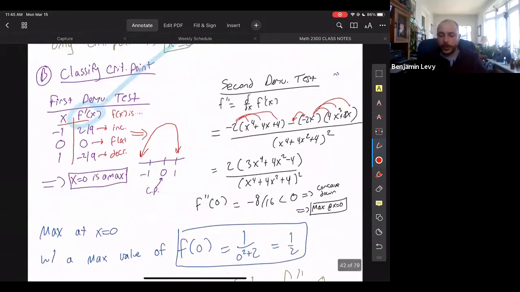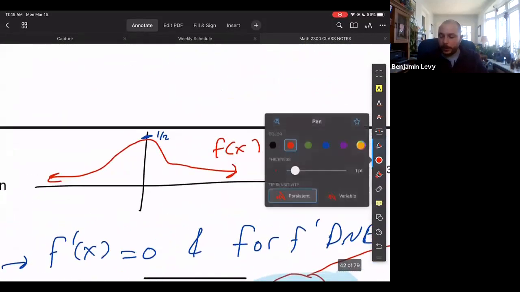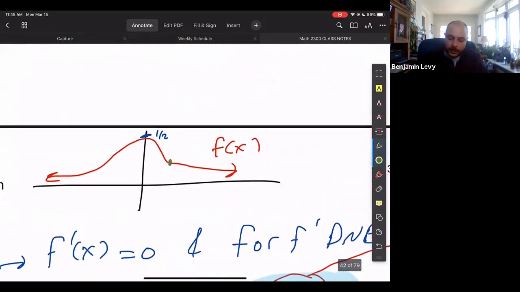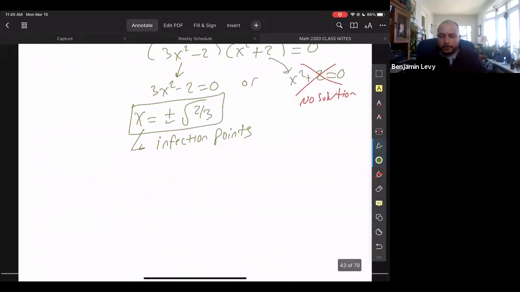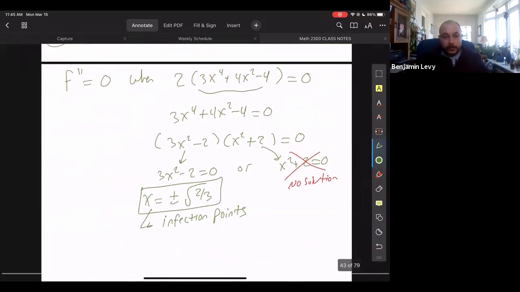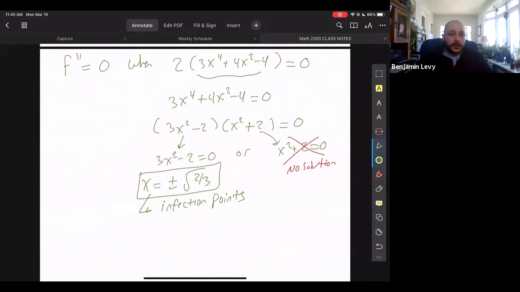So those inflection points, what we just figured out, we just labeled this place and this place, right? That's minus root 2. Even though my picture's a little janky, it's okay. And so we can verify that by testing it in the second derivative if we wanted to.